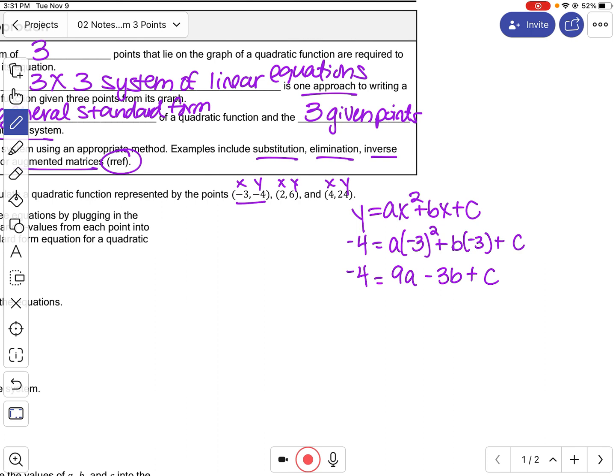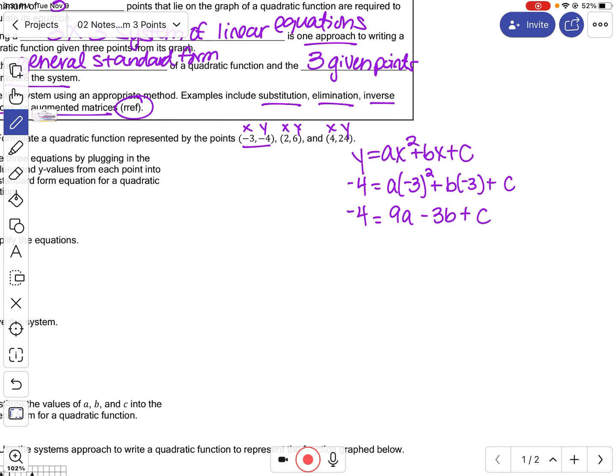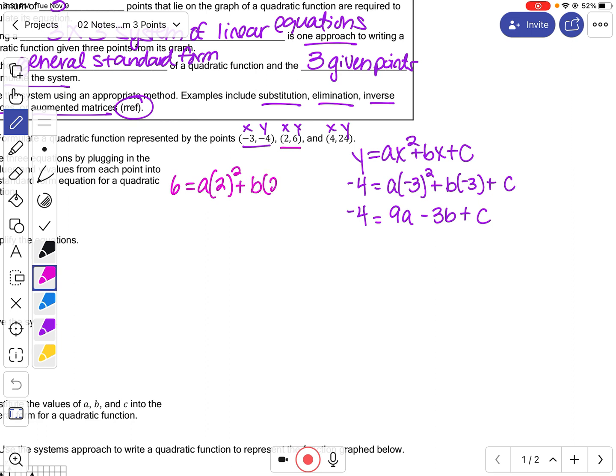So there's 1. Now I need to do the same thing, but I will use the second point. So that's going to be 6 equals a times x, which is 2 squared, plus b times 2 plus c. So that's 6 equals 2 squared is 4, so 4a plus 2b plus c.